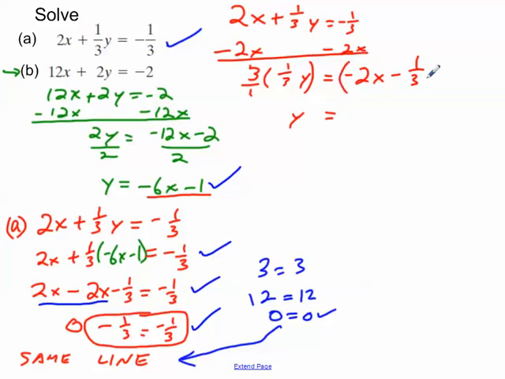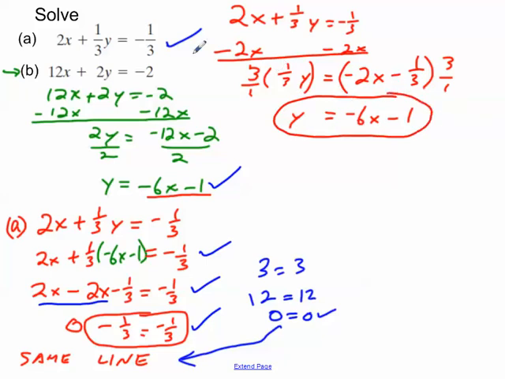Now we also have to multiply everything on the right side by 3 over 1. So negative 2x times 3 over 1 is negative 6x. If we're distributing that 3, negative times a positive is still a negative. 1/3 times 3 is 1. So slope-intercept form for the red line is y equals negative 6x minus 1.